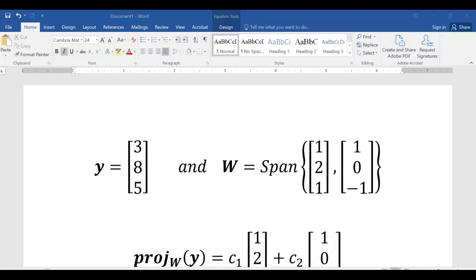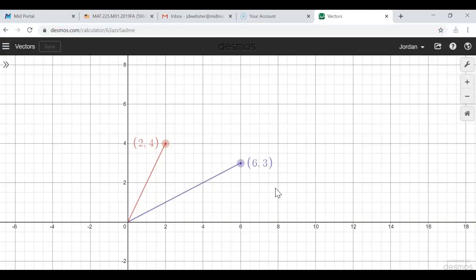So let me just kind of visualize that. Now I'm going to visualize this in 2 dimensions, but basically last time we were projecting things like 2, 4 onto 6, 3. But if I were to ask you to project, let's say, 4, 2 onto 6, 3, well 4, 2 and 6, 3 are in the same direction.